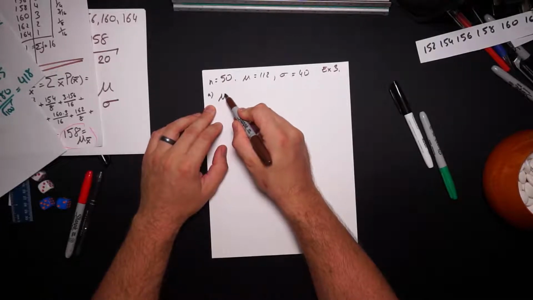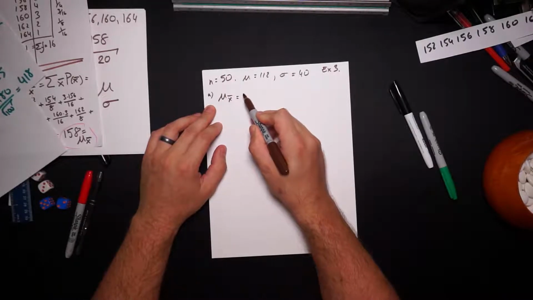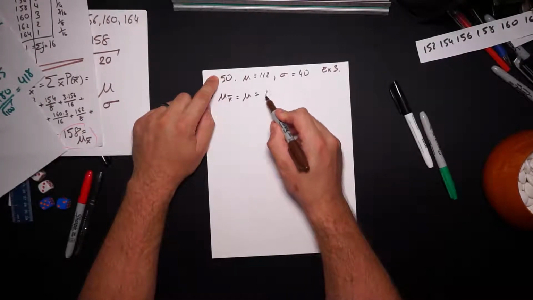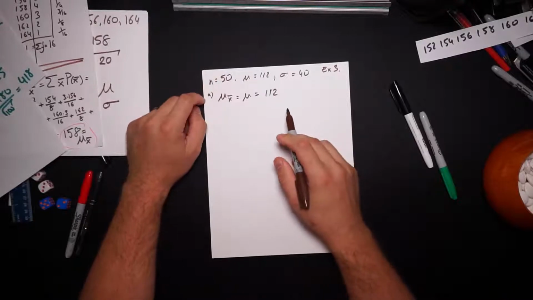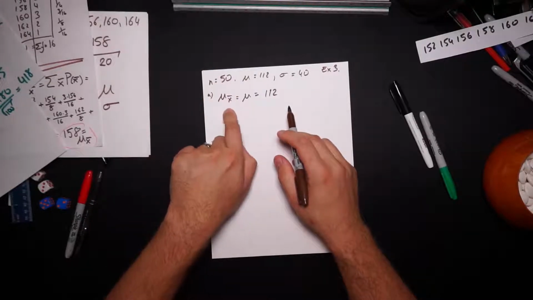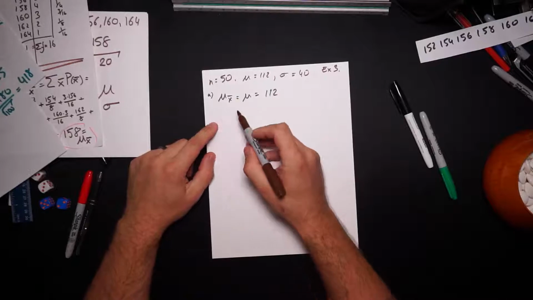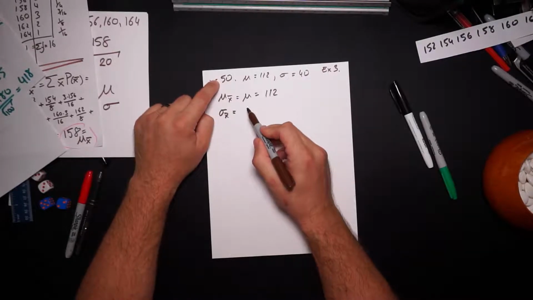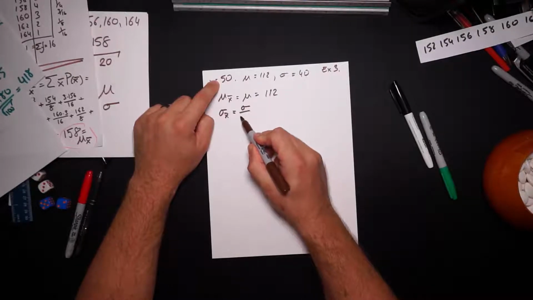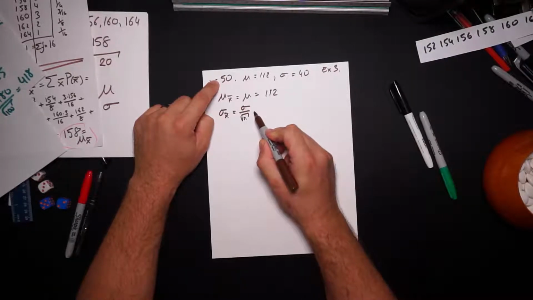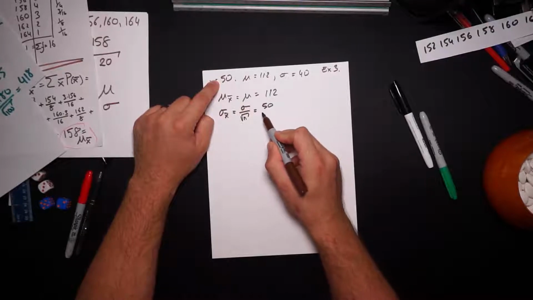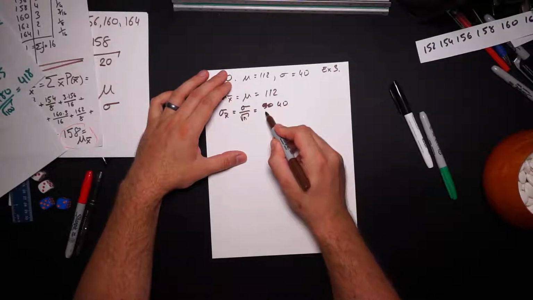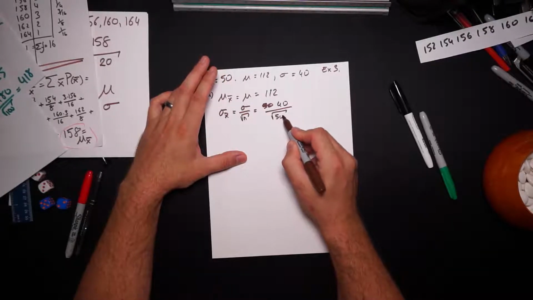So we need the mean of this, and since the sample size is bigger than 30, this holds. The standard deviation of this, again, bigger than 30, so it's 40 divided by the square root of 50.